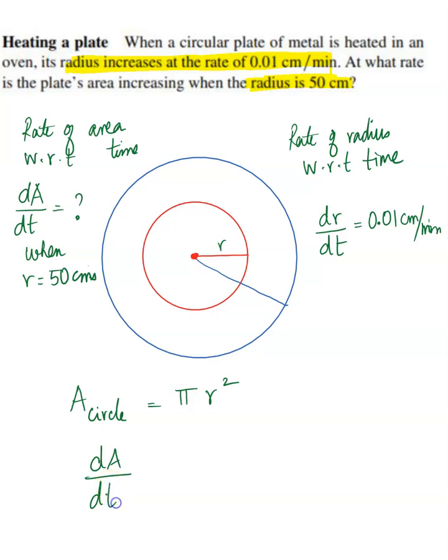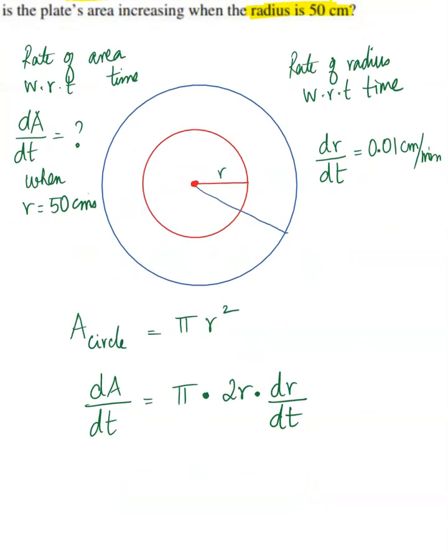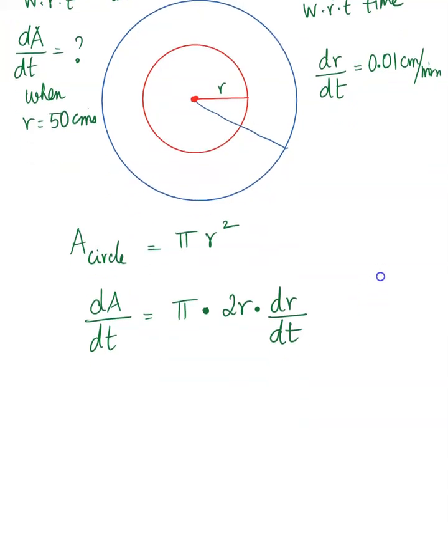So dA over dt equals, pi is a constant, so it doesn't get affected by the differentiation, times 2r. Remember, this is all implicit differentiation, so it's dr over dt. Implicit differentiation means that these variables A and r are not directly the ones we are differentiating. We're differentiating all of them with respect to time. There is no t variable in the problem, but we know it's all with respect to time.